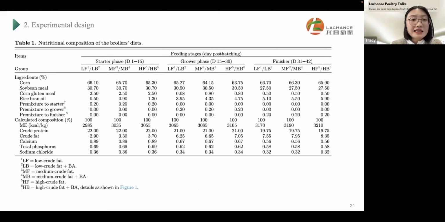And in this experiment, rice bran oil was used. Yes, and this is the metabolizable energy level, and this is the crude protein level. These two. You can compare the metabolizable energy. You can compare the number between these groups.